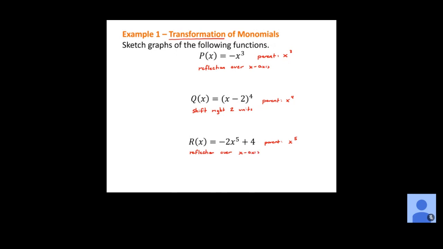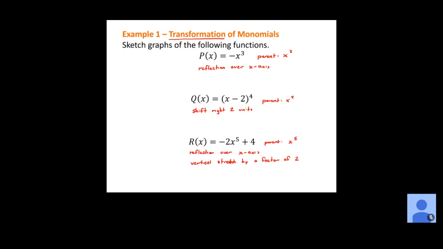Now I'm looking at the 2, the coefficient in front of the x to the 5th. Well, remember, whenever you multiply by something bigger than 1, that's going to give us a vertical stretch by that factor. We have a vertical stretch by a factor of 2.